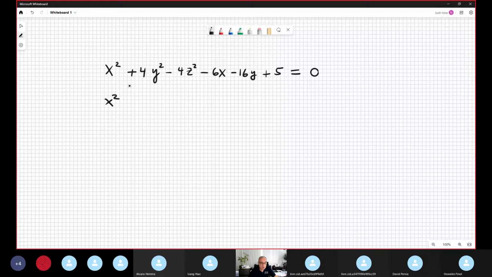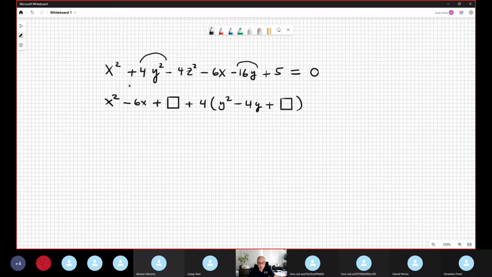So X squared minus 6X plus one number, which we introduce artificially to complete the square. Now I finish the X part. Now the Y part is this and this, and now you factor out 4: parenthesis Y squared minus 4Y plus another number that completes the square.